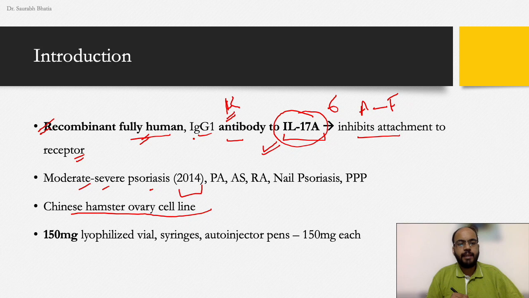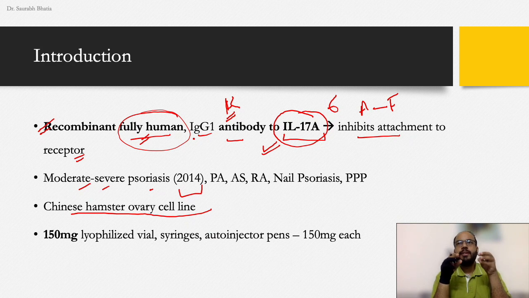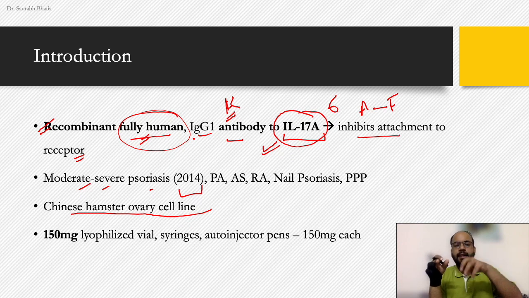So they are manufactured using Chinese hamster ovary cell line. Now, what do we mean by that? As we have said that it's a fully human IgG1 class of biological. That means human DNA or modified human DNA which encodes for protein structures which will subsequently form Secukinumab is taken out and inserted in Chinese hamster ovary cell line.